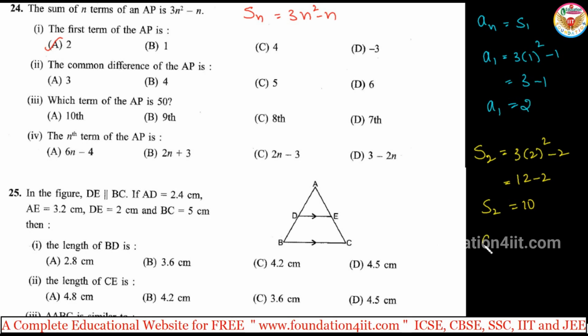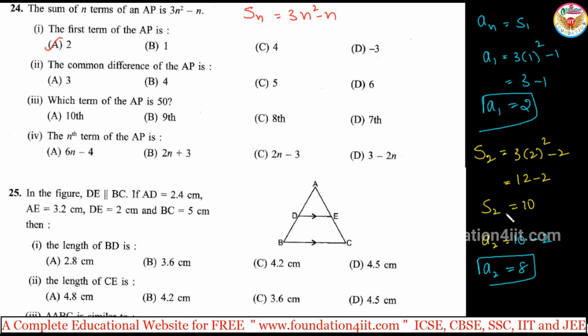Then if you want the second term, sum of the two terms minus the first one, so 8. That is, the second term is 8. First term is 2. First and second together is 10. Okay, S2 is the sum of the first two terms. So first one is 2 and second one is 8. So common difference is 8 minus 2, 6. So common difference D is 6, option D here. Right?